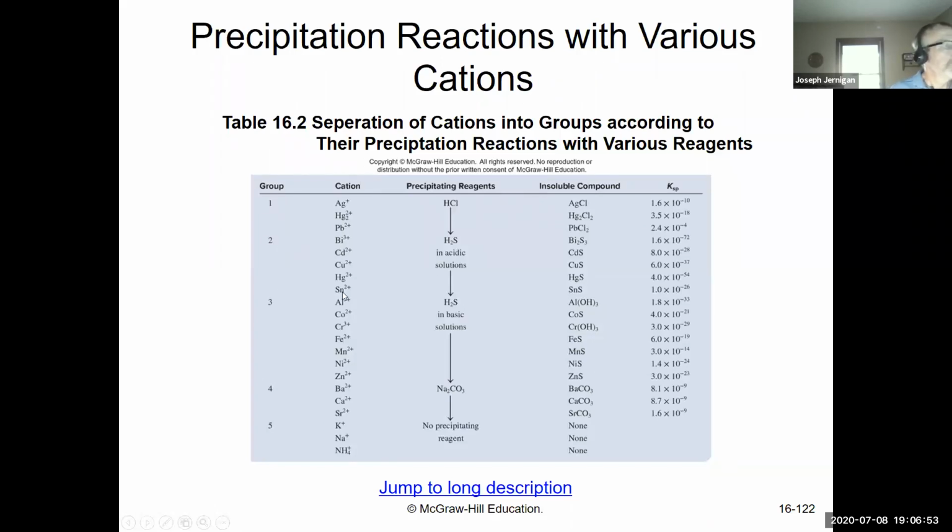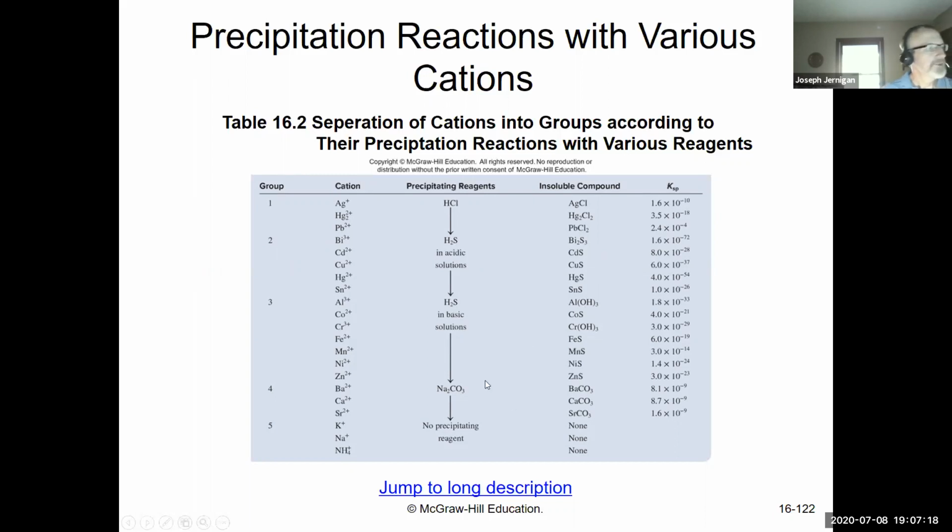Similarly, for group 2, you're going to use hydrogen sulfide. These group 2 cations form very insoluble sulfides. The H2S in the first example was in an acidified solution. The H2S for group 3 is in a basic solution to remove further ions from that solution.